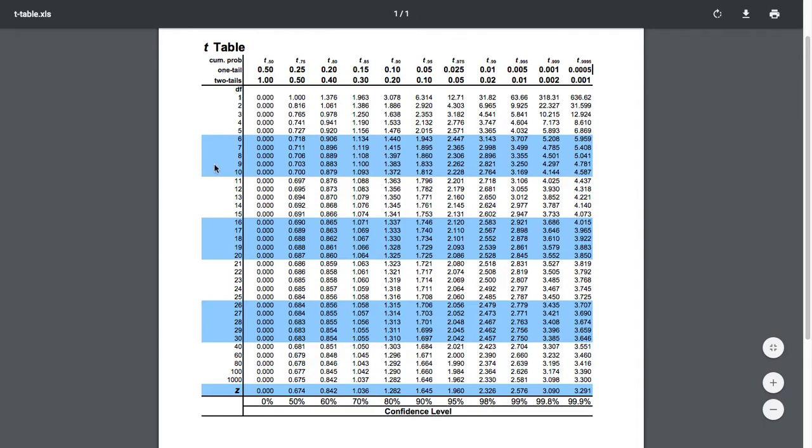I look for a row that is a number one less than the size of my sample. My sample here was 31, so one less is 30. So I'm looking in row 30, and I'm going to move over until I see the column with 98%. That's where I get this number, 2.457.